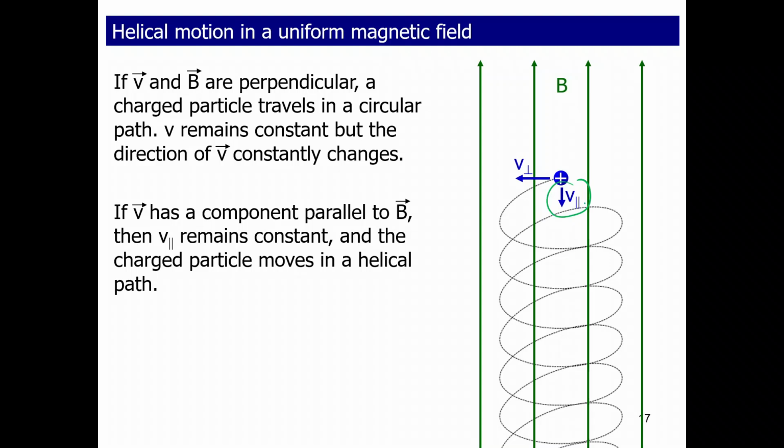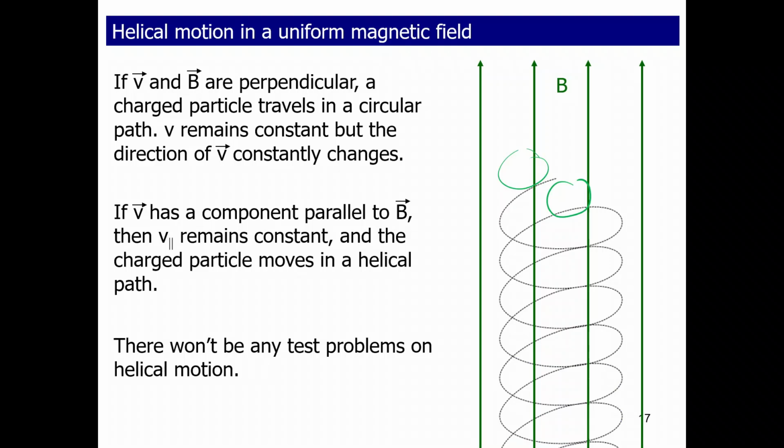So v parallel remains constant, but v perpendicular rotates through circular motion. This creates helical motion. If I go through, we can see that you would get this charged particle moving through a helix shape. I won't put any of those on a test for you, but they're kind of fun and interesting. The important thing is the magnetic field only affects that perpendicular component of the velocity. So that vertical component stays the same, and instead of going in a circle, it goes in this helical coil.